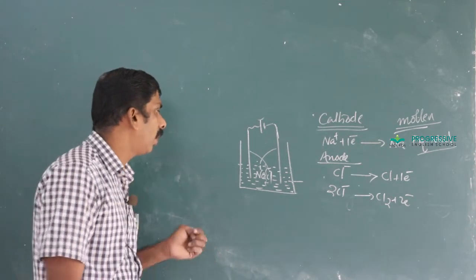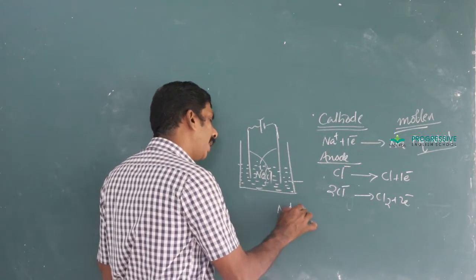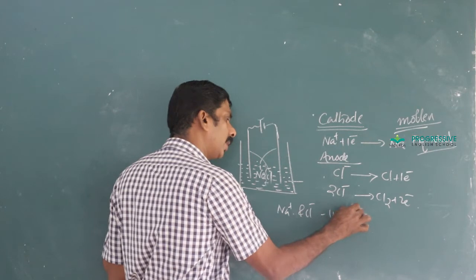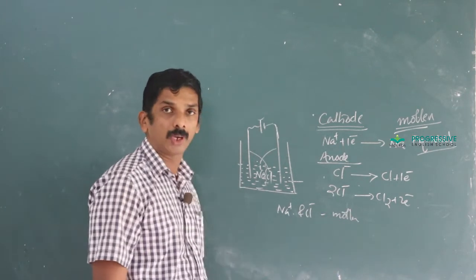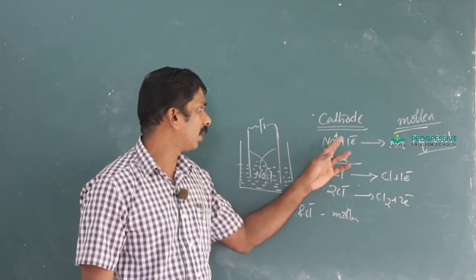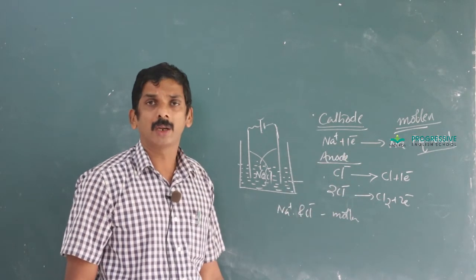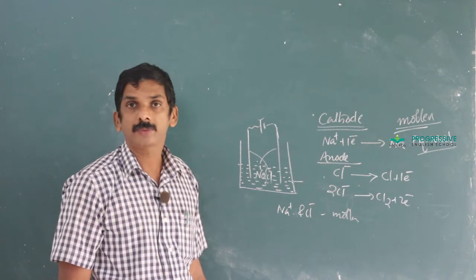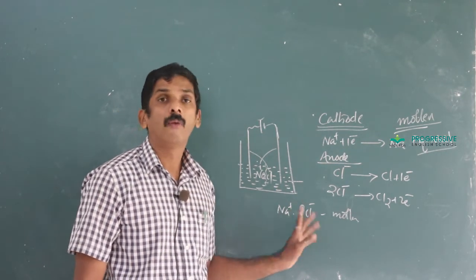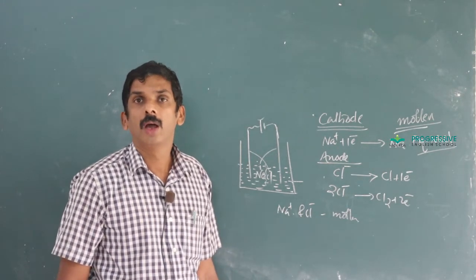That contains only Na+ and Cl- ions in the case of molten sodium chloride. Obviously, Na+ undergoes reduction and Cl- undergoes oxidation. No doubt. Only one cation and one anion.